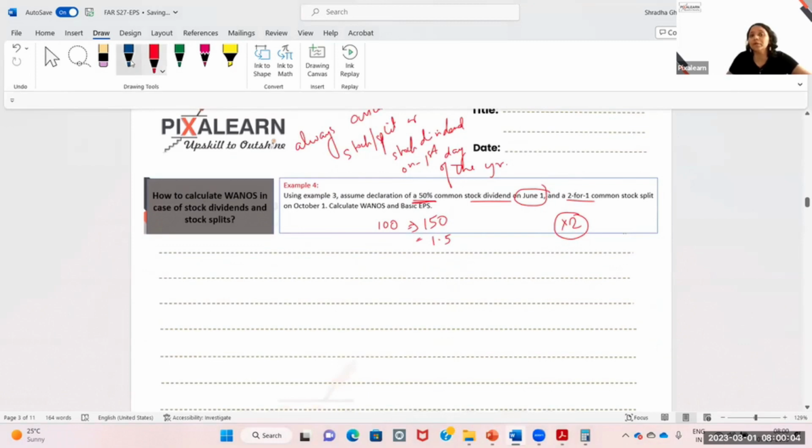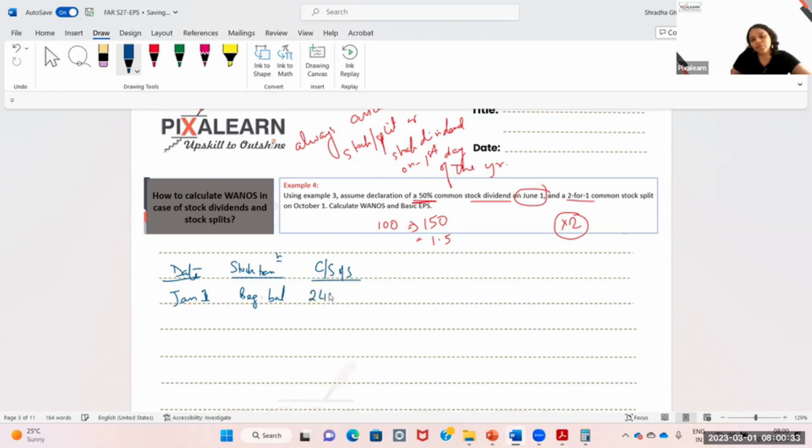So how are you going to work this out now? We'll start with date. Date is important. So the first event happened on Jan 1. What was the event? The transaction that happened was just a simple beginning balance. What was the common stock which was outstanding?